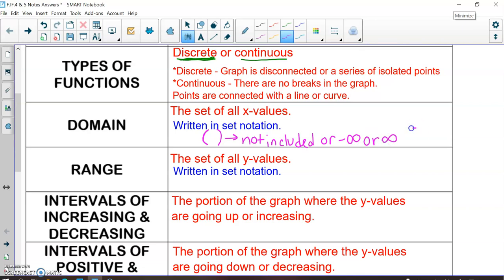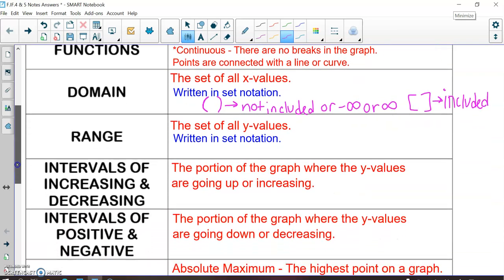And then we use these brackets when the number is included in our domain or range. So that's what I mean by set notation. We're going to use, remember, the parentheses or the brackets to determine what domain and range is, and we'll review that when we go through the problems.